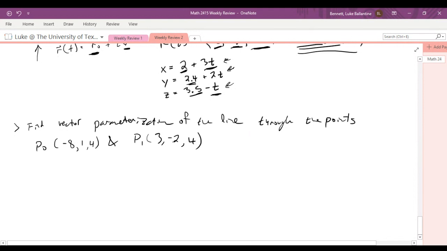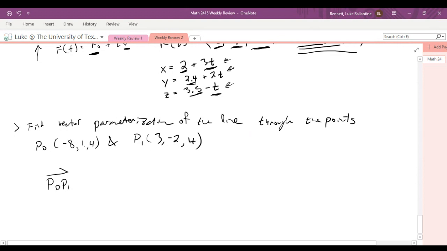So 2 points, and they don't give us the slope. They don't give us the slope because we can find the slope. The slope vector, the v vector, is just going to be the vector P naught P1.